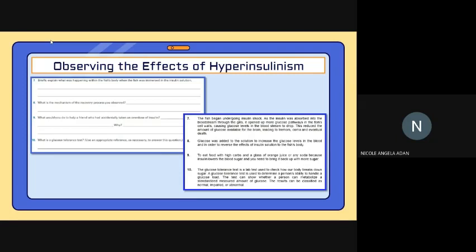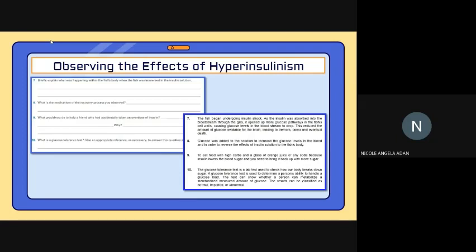What is the mechanism of the recovery process you observed? The answer is glucose was added to the solution to increase the glucose levels in the body in order to reverse the effects of the insulin solution on the fish body. Number 9, what would you do to help a friend who had accidentally taken an overdose of insulin?